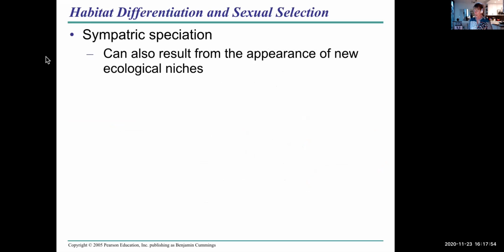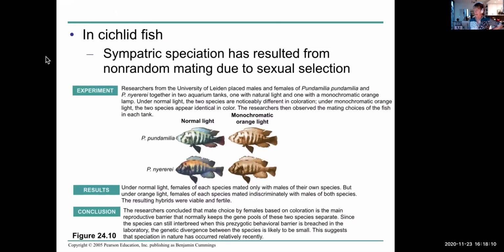Sympatric speciation can result in the appearance of new ecological niches or new ecological opportunities, which is the case with the three-spined stickleback and also the case of cichlids. So I hope that someday you get a chance to see Ian Stewart's Rise of the Continents.